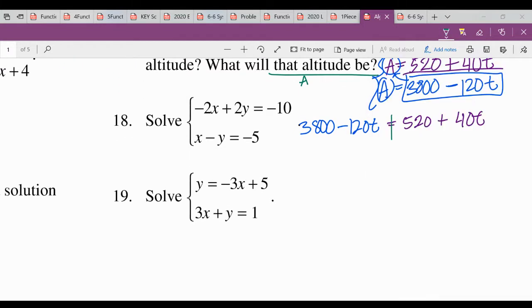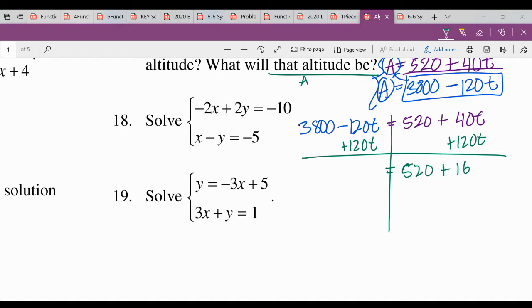I'm going to put all the t's on the same side of the equation. I'll start by adding 120t to both sides, and I'll get 520 plus 160t is equal to 3,800.